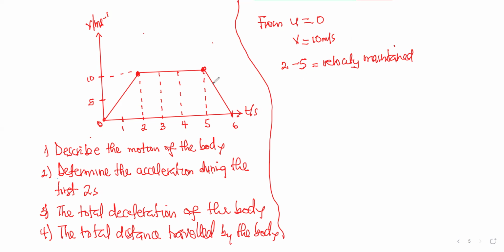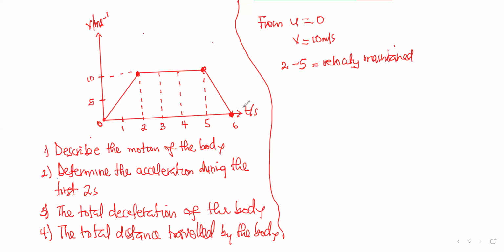Then it uniformly decelerated to rest. To rest means that the final velocity is when the straight line touches the time axis, it means the velocity is 0. And then it uniformly decelerates to rest within a time interval of what? 1 second.